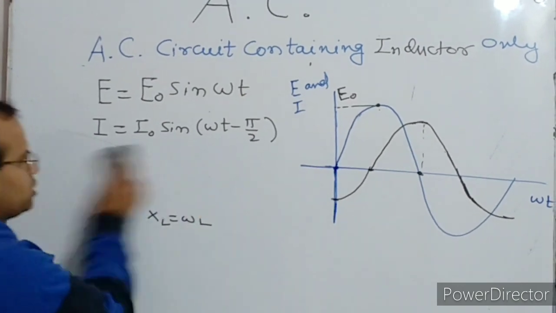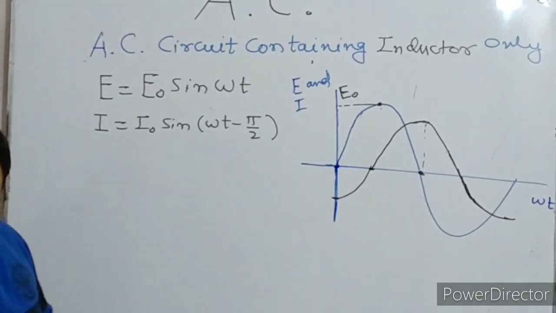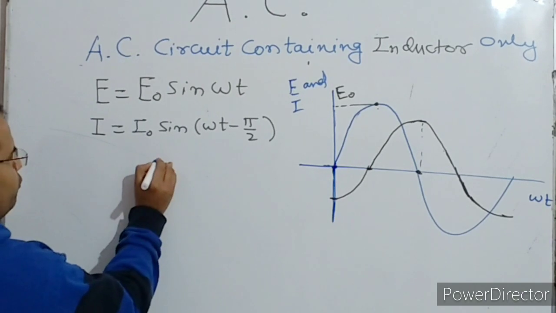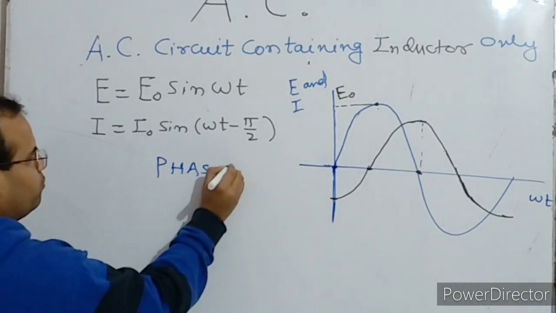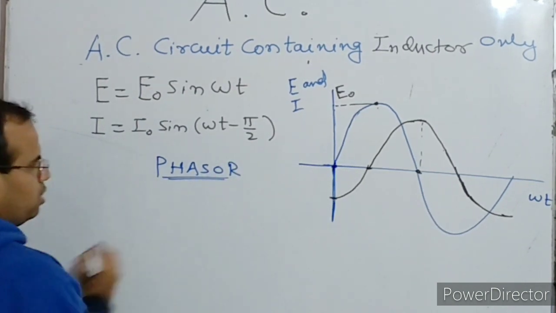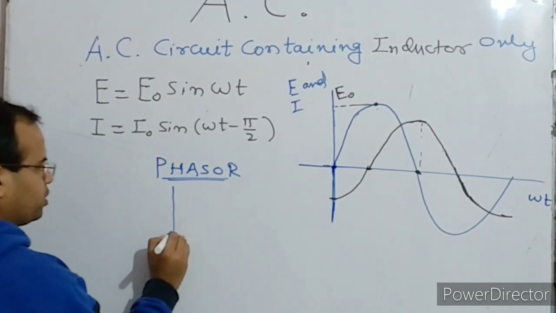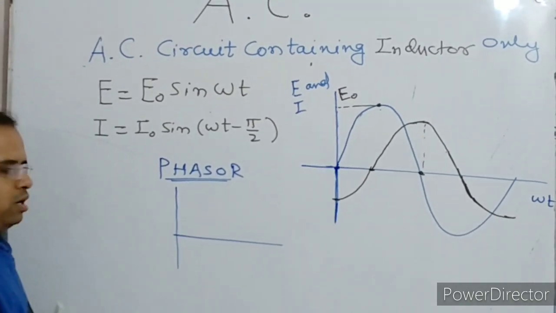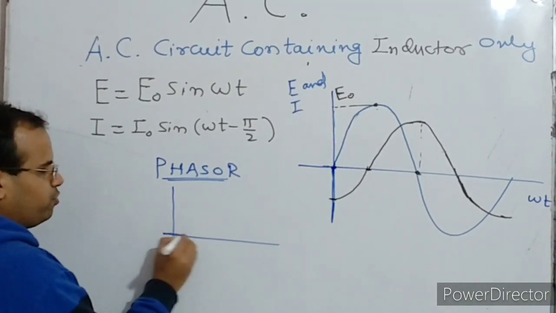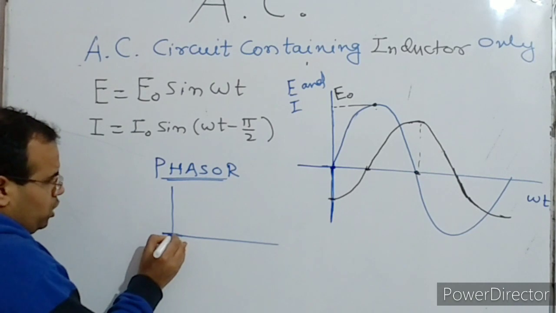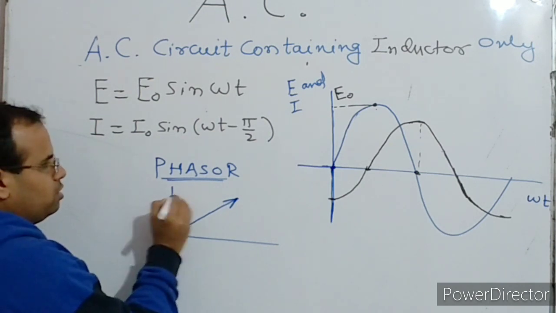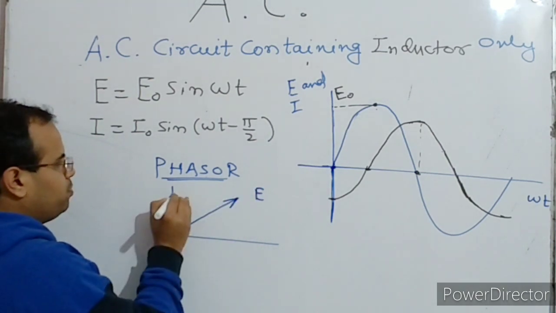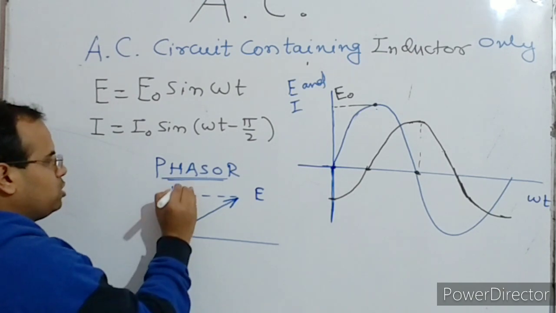Now let us plot the phasor diagram for this. In a phasor diagram, as I told you, a straight line gives us the idea about the phasor of that particular variable. So EMF is here. This is the EMF, and this is E, and this is the peak value of EMF, that is E naught.